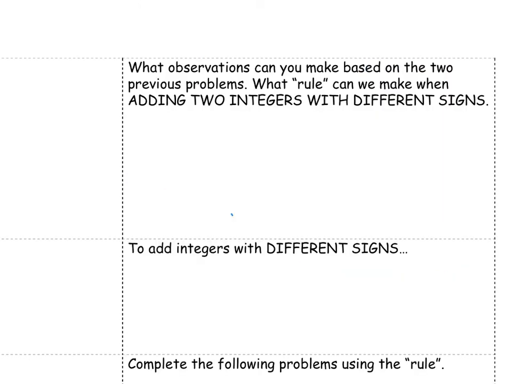So, what observations can we make? What did we notice? Again, it might be helpful for you to pause the video and write down what you noticed, and then come back and check to see how close we were.